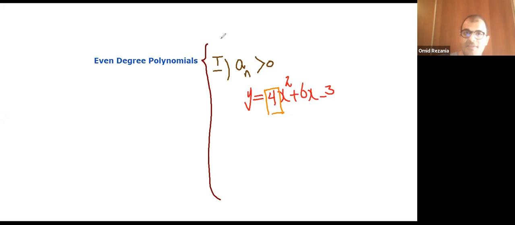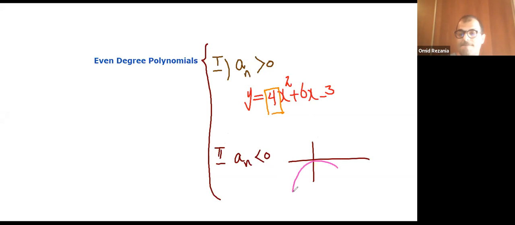We talked about the second case, where the leading coefficient is going to be negative. We saw that the function always looks something like this. But for this one, with the positive coefficients, we saw that the function always looks something like that.